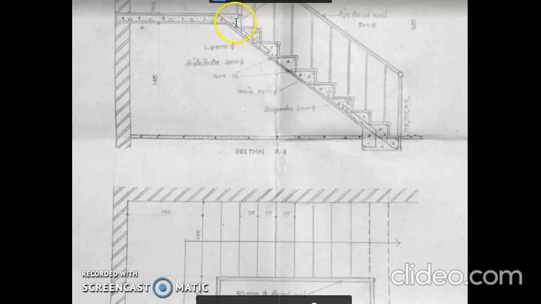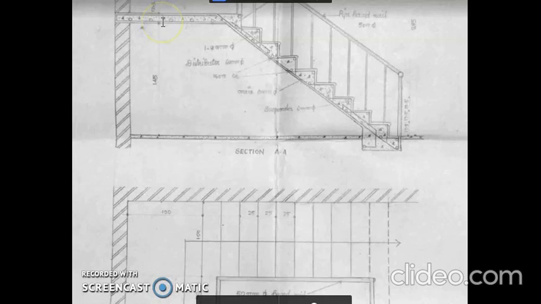Then at this point thread 17.5 should be marked, and this landing should be extended inside this wall, up to this point. From this point to this point, the width should be 100 centimeter, and it extends to this wall for the firm fixing.